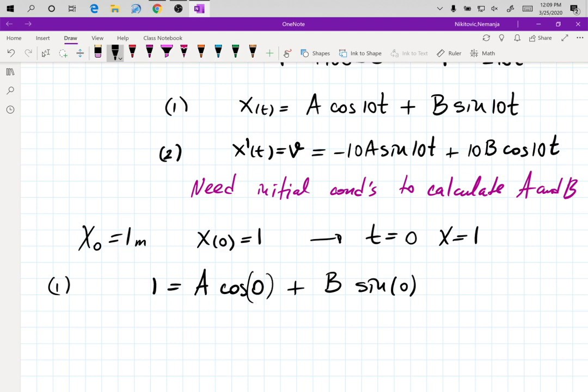And now we're going to say 1 is equal to cosine of 0 is 1 plus 0, so we got that a is 1.